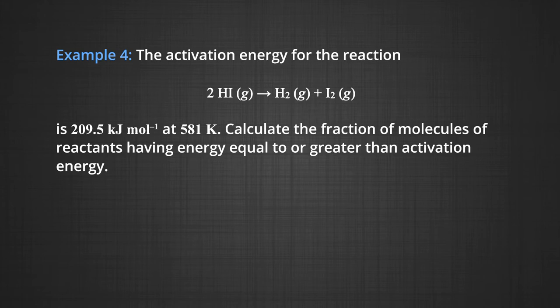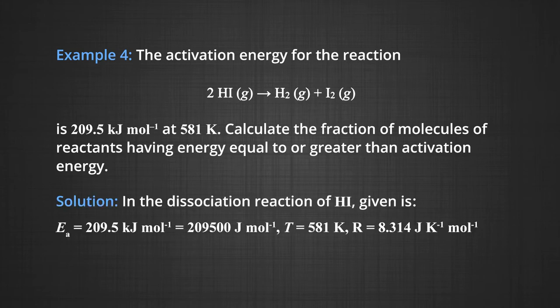Now let me solve this. In the dissociation reaction of hydrogen iodide, given activation energy EA is equal to 209.5 kilojoules per mole. Now changing it into joules, it becomes 209,500 joules per mole, temperature 581 Kelvin and R is equal to 8.314 joules per Kelvin per mole.